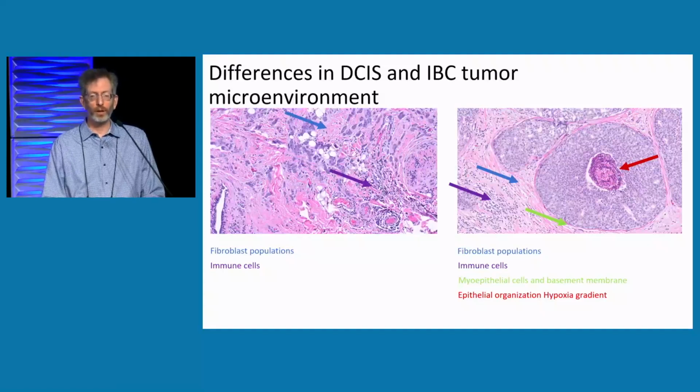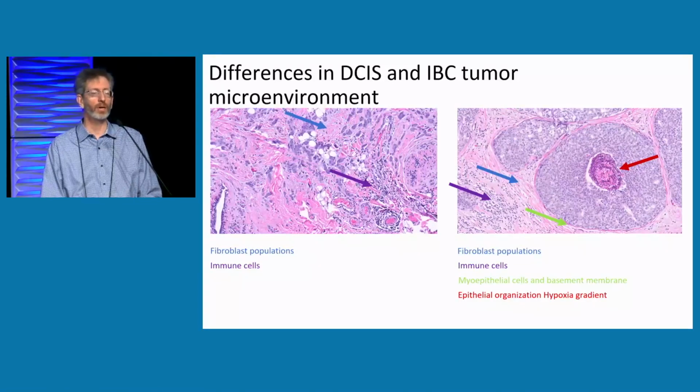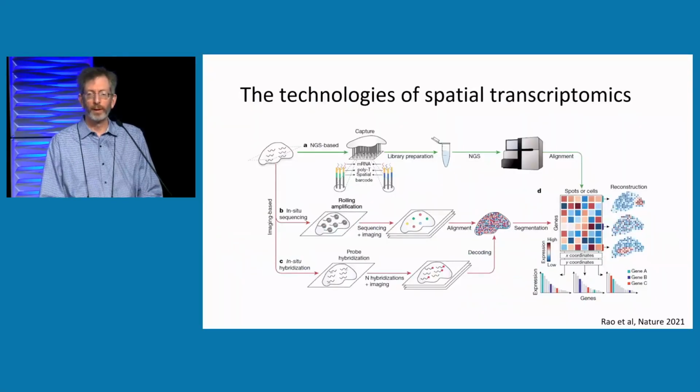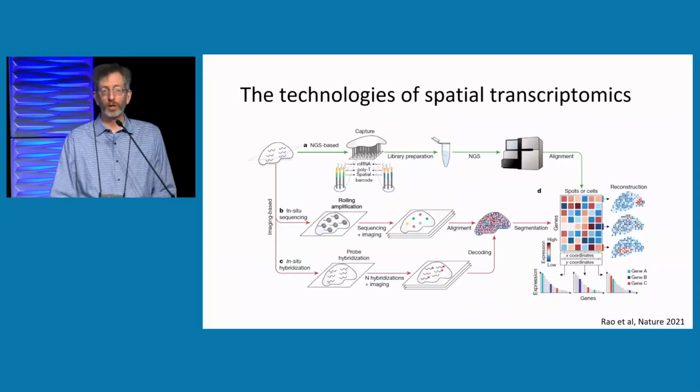Okay, but despite the fact that there are differences in DCIS and IBC, of course there are similarities, and so we want to extend the observations made by others and understand what's going on in DCIS to better risk stratify those cases. Of course, there are a number of new technologies.